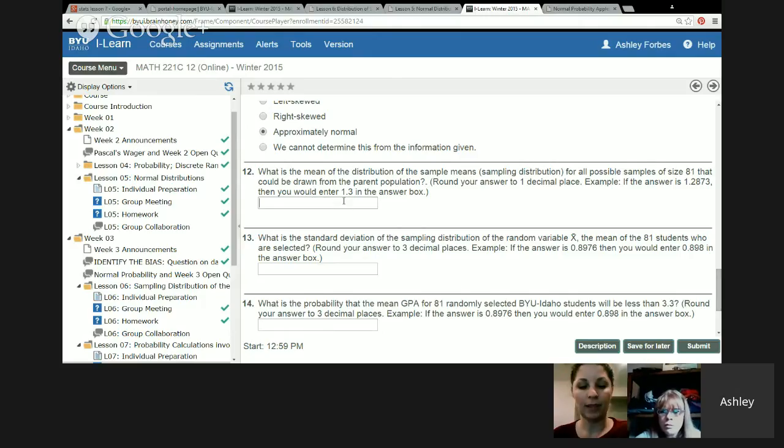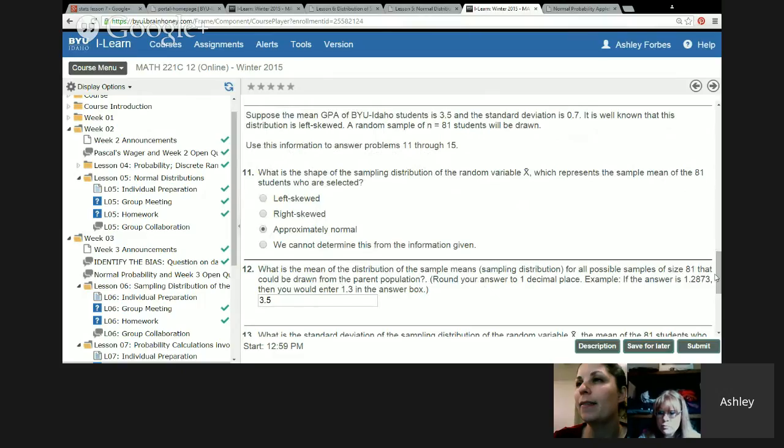That's what I was thinking. On number 11, the sample size would need to be greater than 30 to be approximately normal, is that right? Yeah. At least that's what we've been told for this class. As long as it's greater than 30, it'll be large enough.